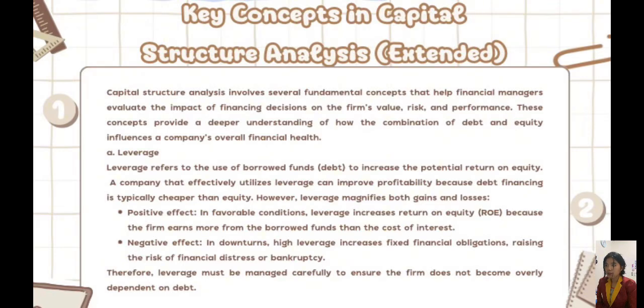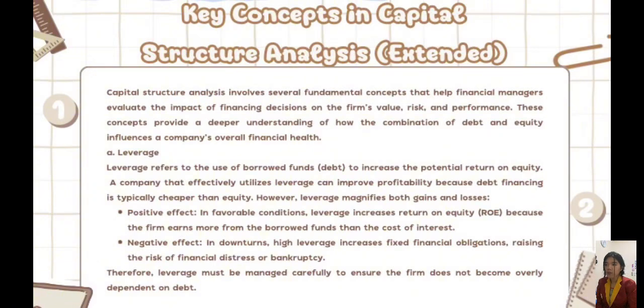First is leverage. Leverage refers to the use of borrowed funds, debt, to increase the potential return on equity. A company that effectively utilizes leverage can improve profitability because debt financing is typically cheaper than equity. However, leverage magnifies both gains and losses.